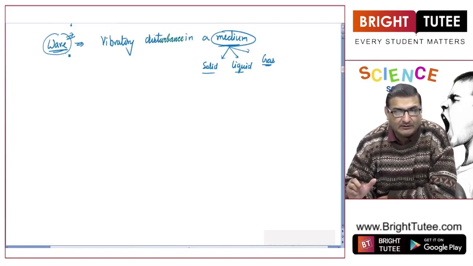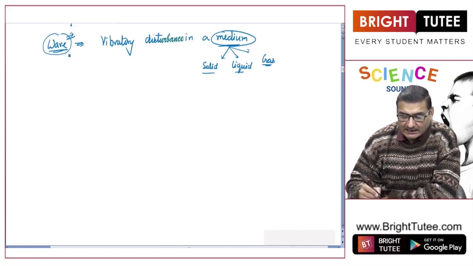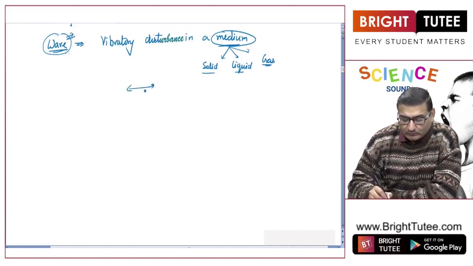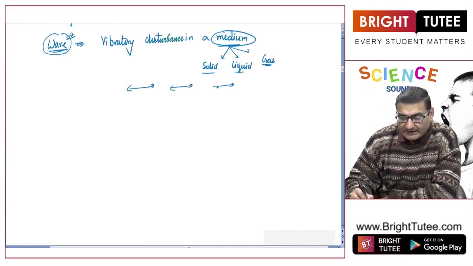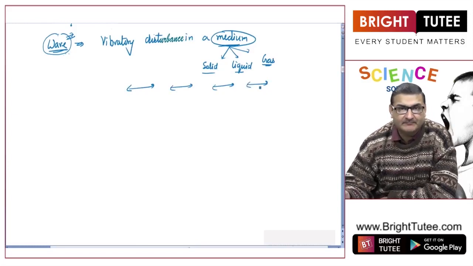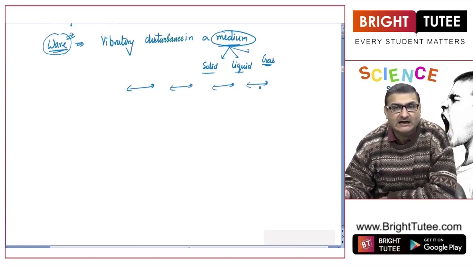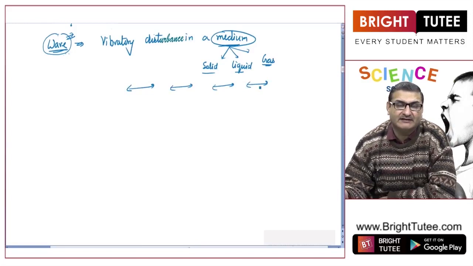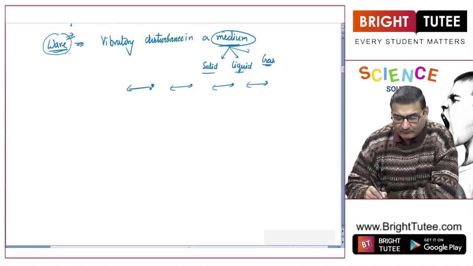But one important thing we need to note is that the particles are just moving to and fro in their positions only. The particles are not actually traveling. The vibratory disturbance leads only to the movement of particles in a to and fro direction.